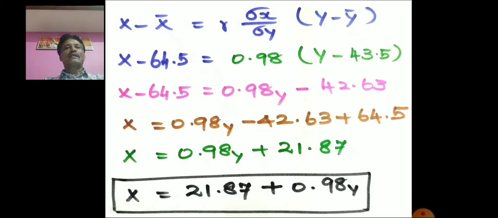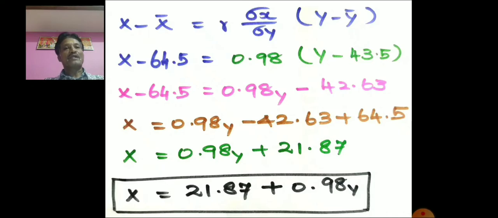So here the equation is x minus x bar equal to r sigma x by sigma y into y minus y bar. So x minus x bar equal to 64.5, that is equal to, instead of r sigma x by sigma y, you substitute 0.98 into y minus y bar equal to 43.5. So x minus 64.5 is equal to, now you can multiply y and minus 43.5 with 0.98.